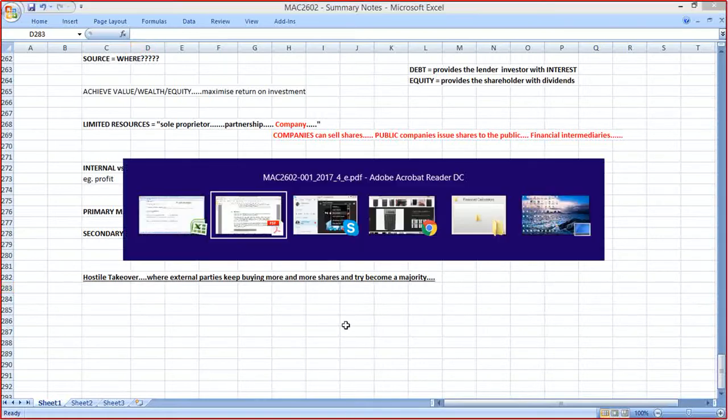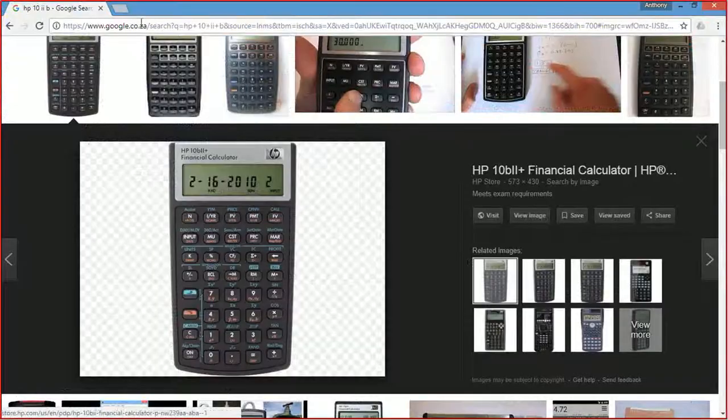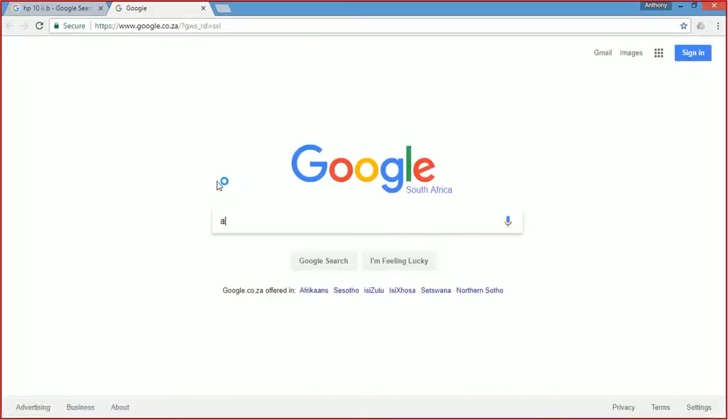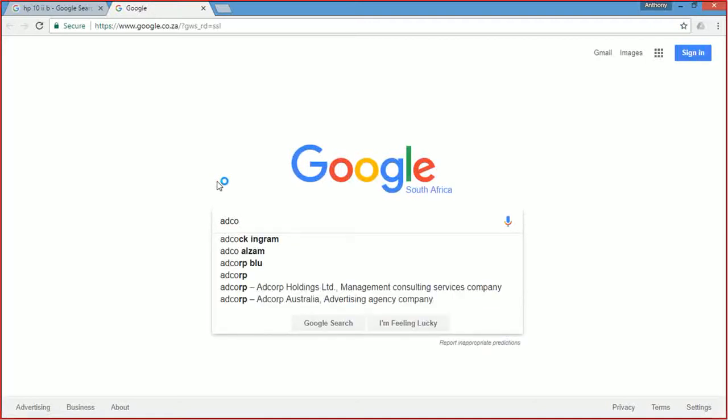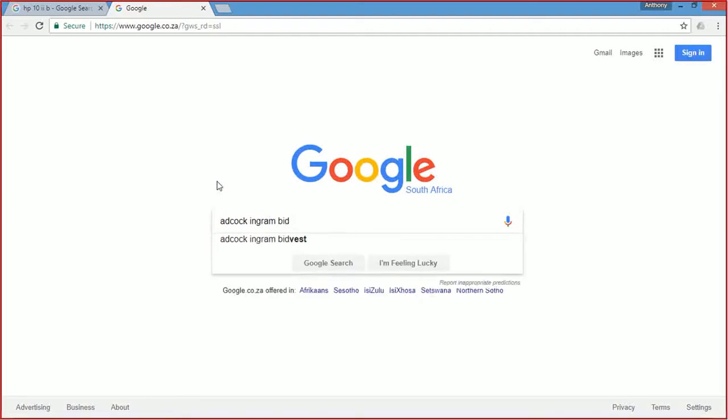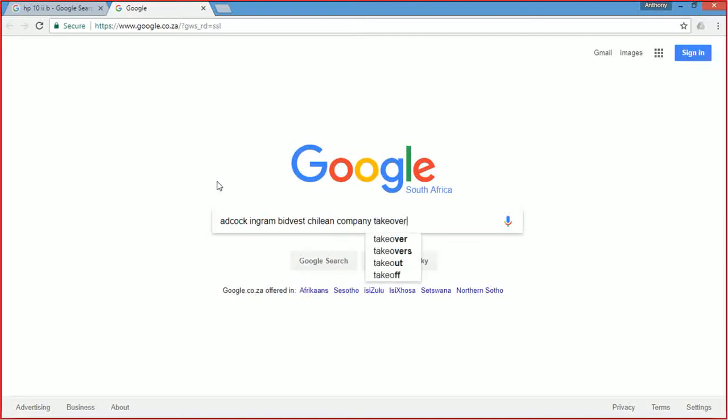Let me see if I can find it. I still have this open. Let me quickly search here. It was Bidvest and Adcock Ingram. There was another company, a Chilean company, a takeover, or a potential takeover.